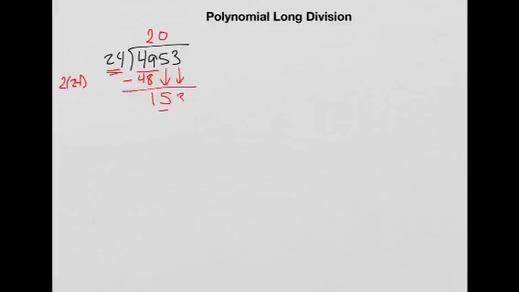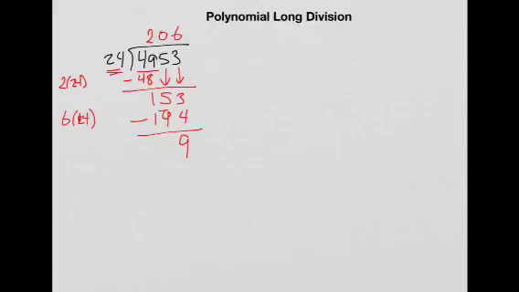And I'll say 24 goes into 153, and, well, 25 times 6 is 150, so let's go with 6. So I'll go 6 times 24, and that's going to give me 144, and I subtract that, and I get 153 minus 144 is going to be 9.